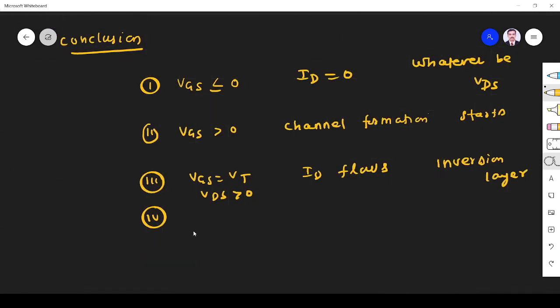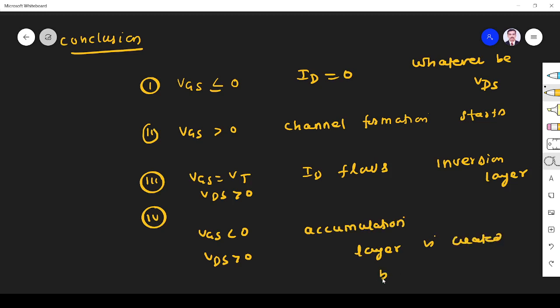When VGS is less than 0 and VDS is greater than 0, accumulation of charge carriers forms. So an accumulation layer is created, but no ID, no drain current, right? So simple, right? These are all the 4 cases we have to remember whenever we want to work with the enhancement mode MOSFET.